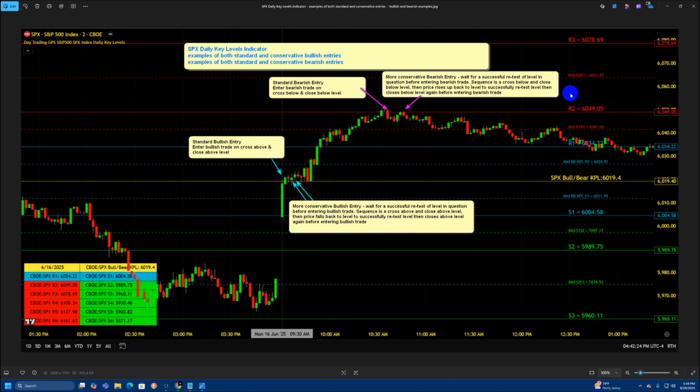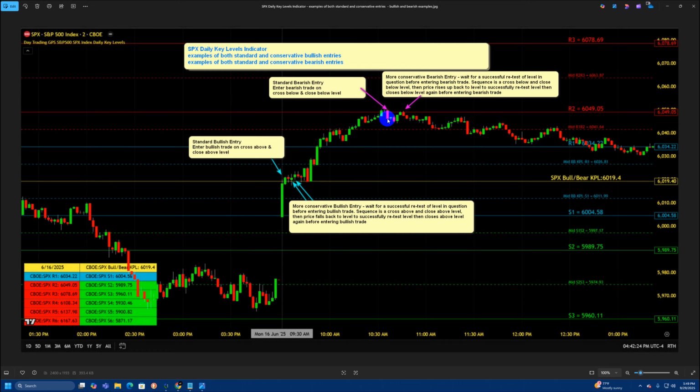Now, looking at the more conservative bearish entry, it's just like the bullish one that we did, except in reverse. We're waiting for a successful retest of this level before entering the bearish trade. So in this sequence, it's basically the reverse of this sequence down here for the bullish entry. In this sequence, we have a cross below, close below candle.